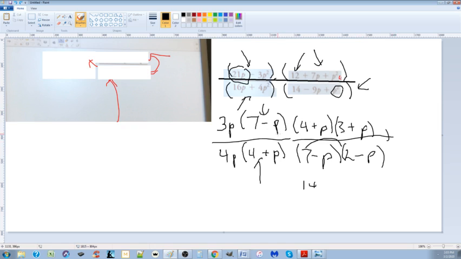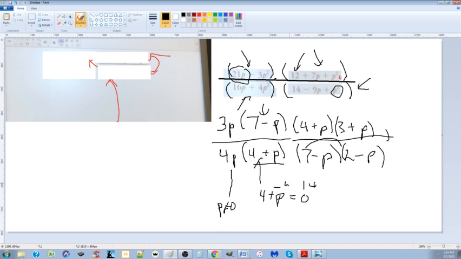Now, before we look at simplifying, we must find our exceptions. Let's look at this one. If p is 0 here, it makes the whole thing 0 and multiplies everything out to 0. So we know that p cannot be 0. And now you might say, well, I'm used to doing it like p plus 4 the other way, but it still works. What would p have to be for 4 plus p to be 0?